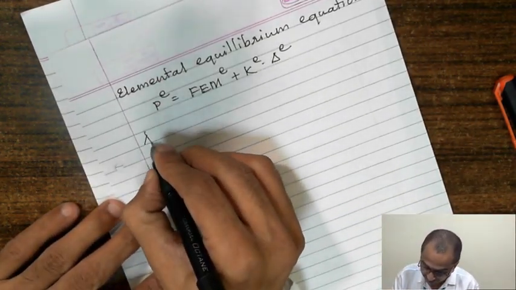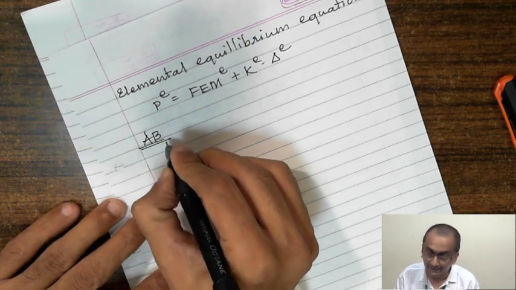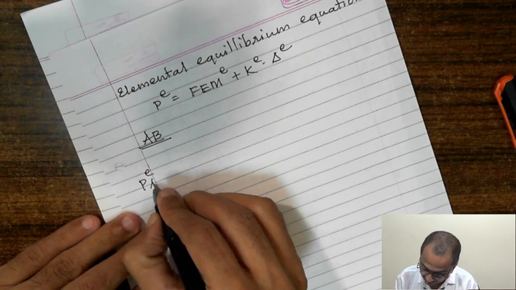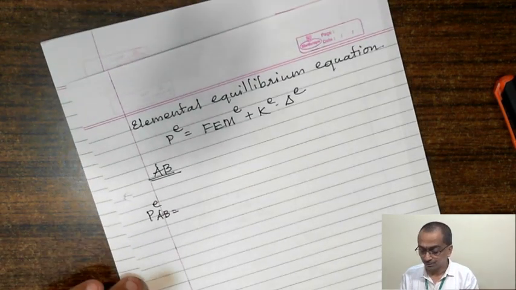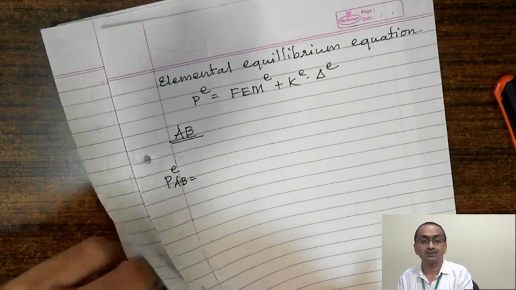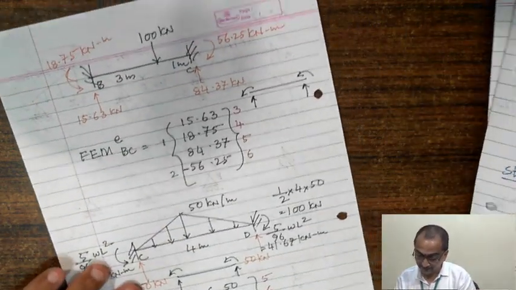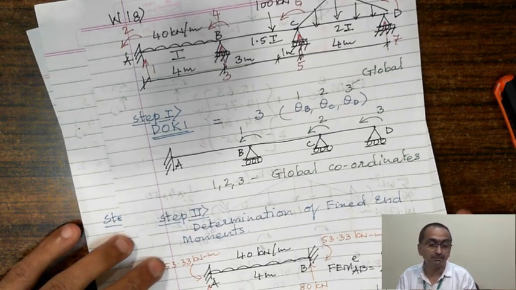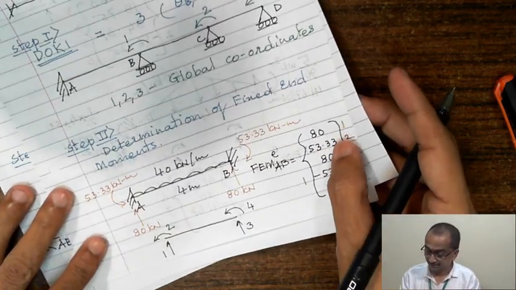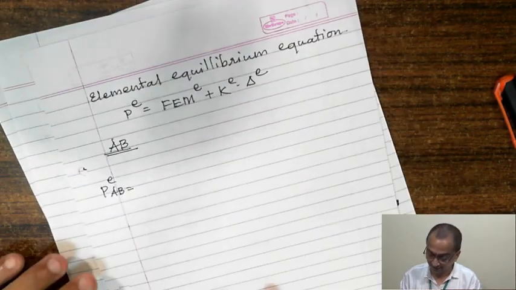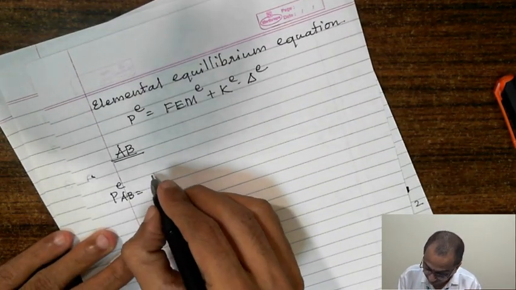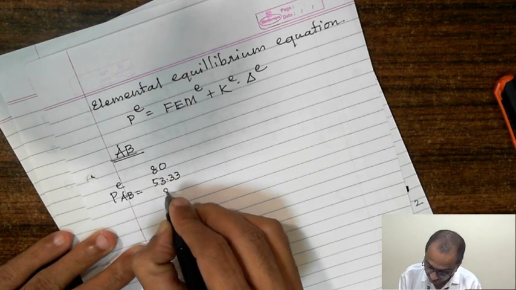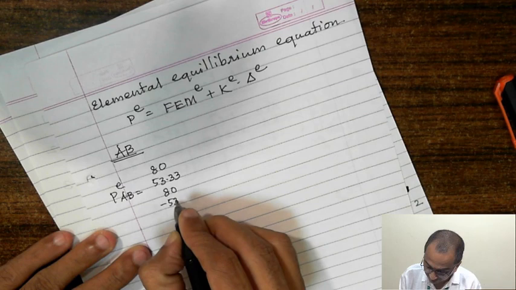So for element AB, P element AB is equal to the fixed end moment element AB, which is 80, 53.33, 80, minus 53.33.